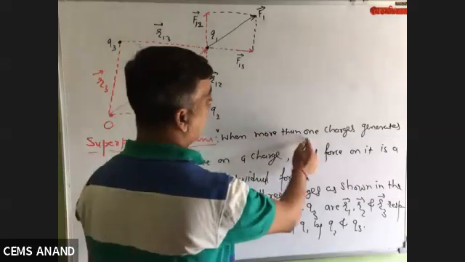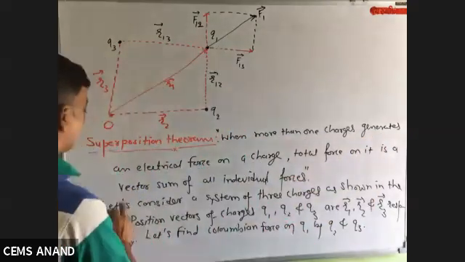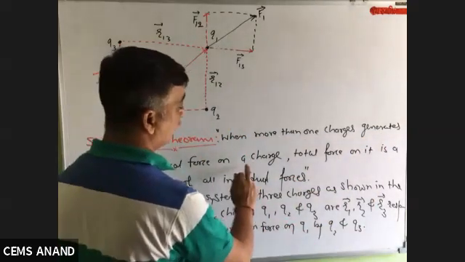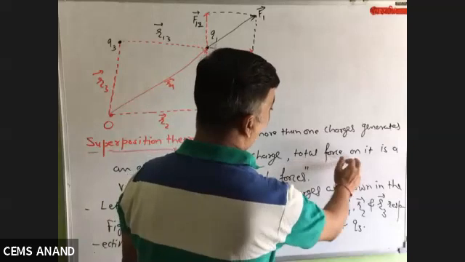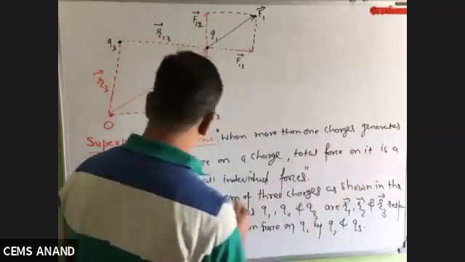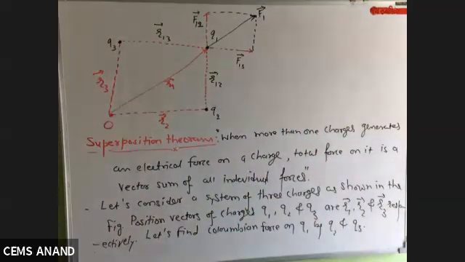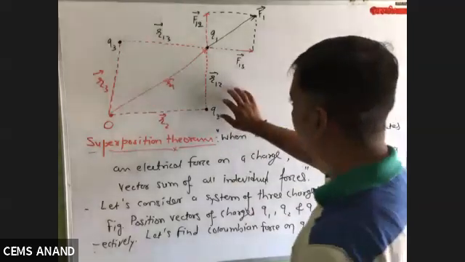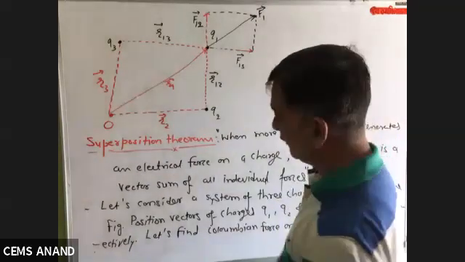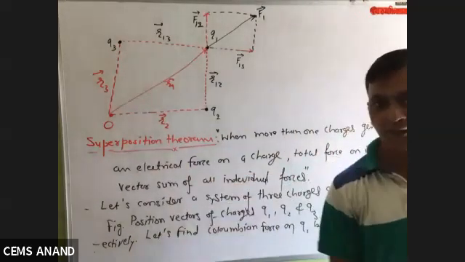When more than one charge generates an electrical force or Coulombian force on a charge, total force on that charge is a vector sum of all individual forces. So just write it. Please draw the figure also. State your statement over here because the theory is not completed yet.